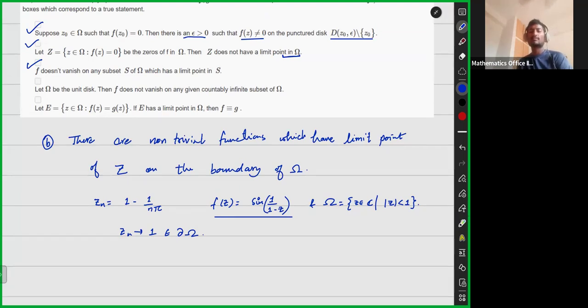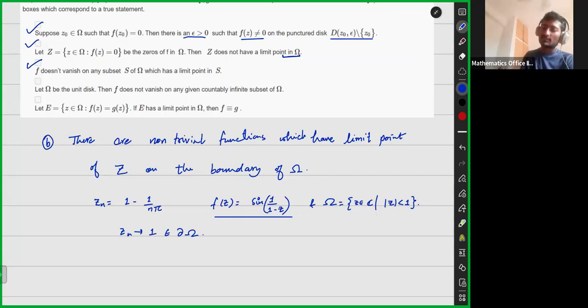Now what is the fourth option? Let omega be the unit disc, then f does not vanish on any given countably infinite subset of omega. It can happen, right?